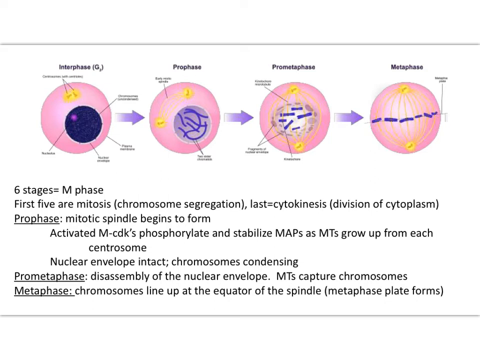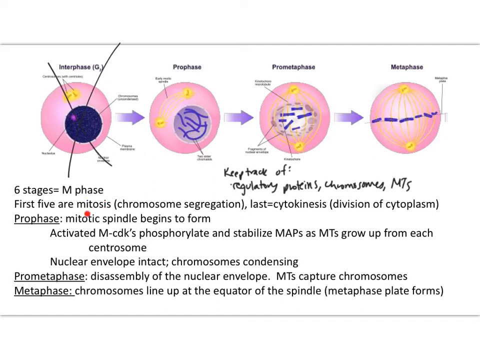Besides proteins, we're also keeping track of the chromosomes as well as the mitotic spindle, in other words, the cytoskeleton. Also, as a reminder, M phase is mitosis, those 5 events when we focus on chromosome segregation and the nuclear division. And then the very last part, the 6th phase, is cytokinesis, which is the division of the cytoplasm. So let's go through those in order.